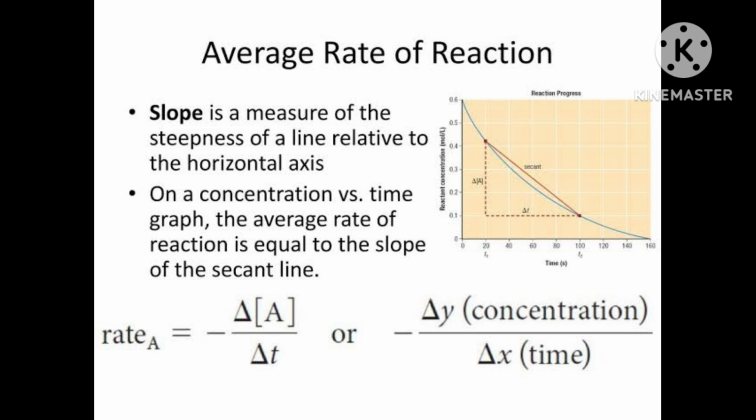Rate you can tell in terms of average rate, differential rate, instantaneous rate, integrated rate, all are ways to represent the rate. Average rate is just like average speed or average velocity.